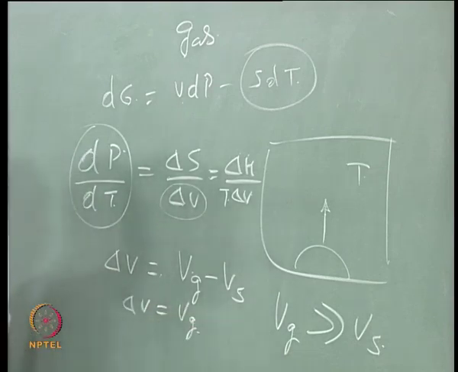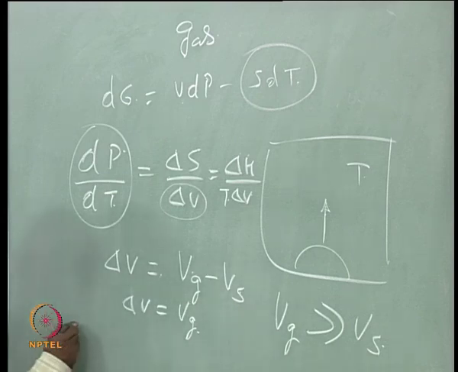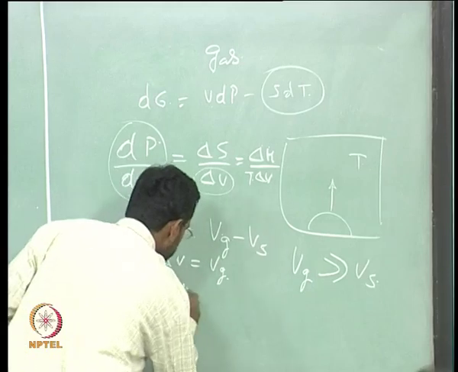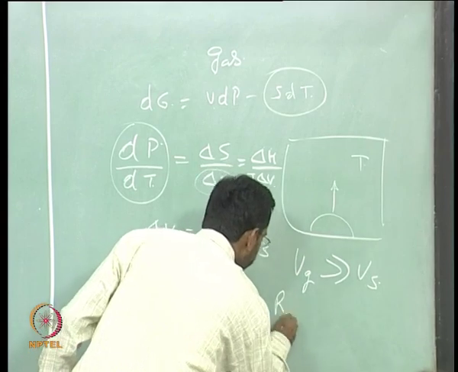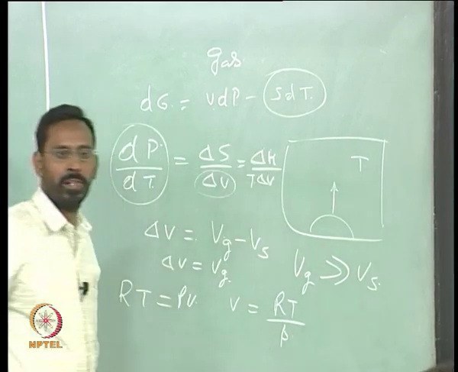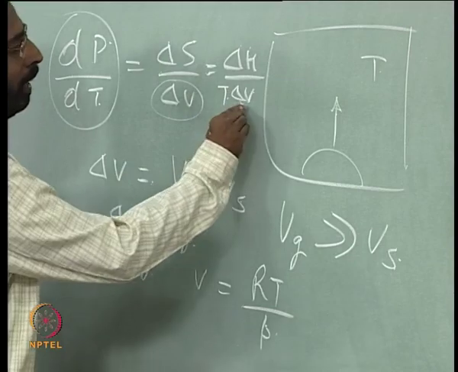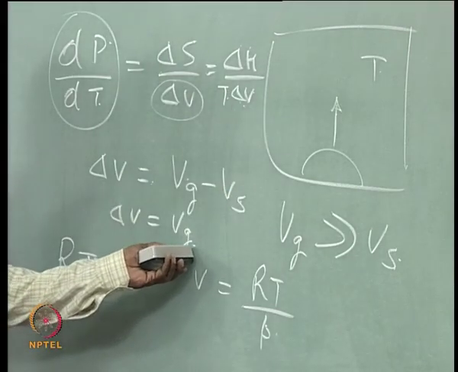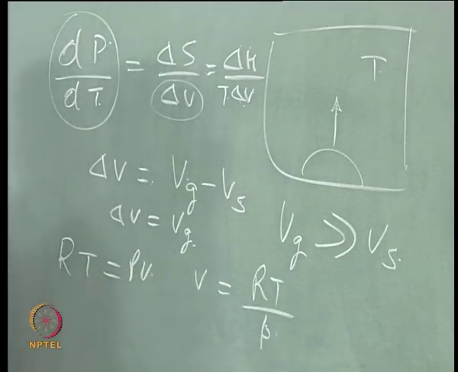as almost this, and when there is a gas, we can always use the ideal gas equation, where we can write PV equal to RT. So, we can write that V is actually RT by P, am I right. In principle, delta V can be written as V of the gas, and V of the gas can be written as RT by P of the gas.